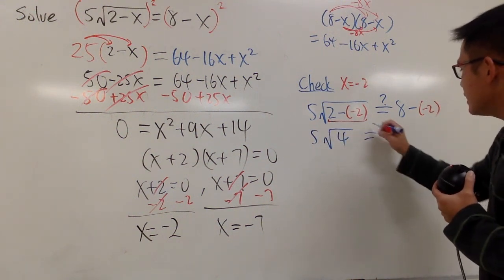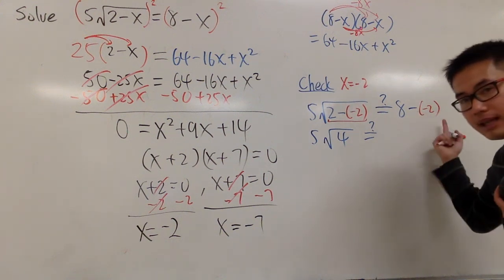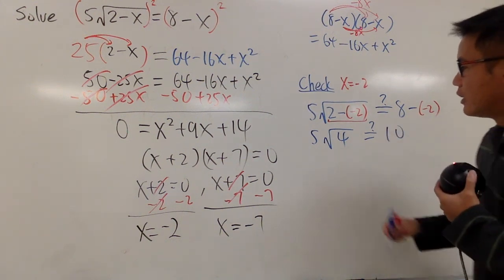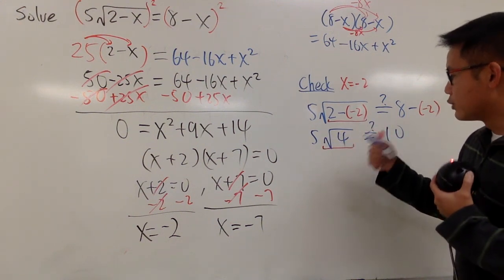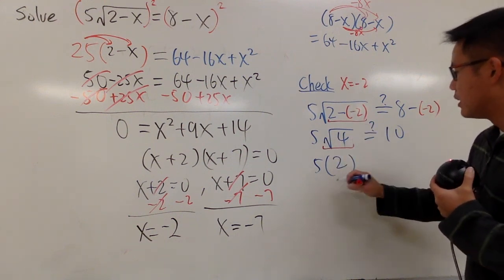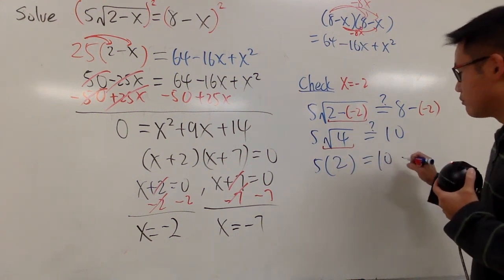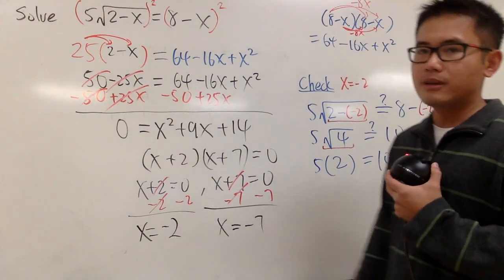And then on the right-hand side, 8 minus -2, well, it means 8 plus 2, we have 10. Well, we can also work this out on the left-hand side. Square root of 4 is a regular 2, so we have 5 times a regular 2 now. 5 times 2, do we get 10? Yes, right? So that means this right here is a legitimate answer.